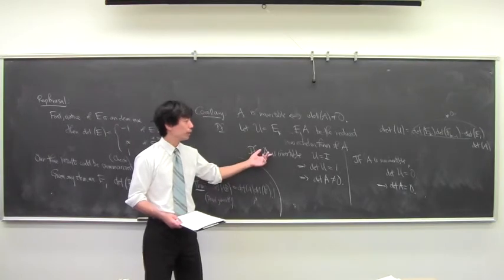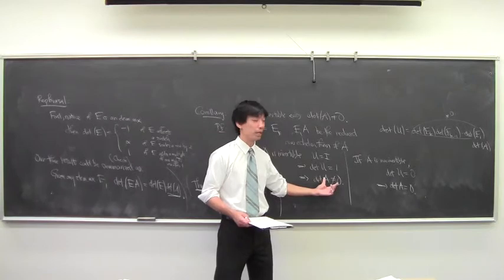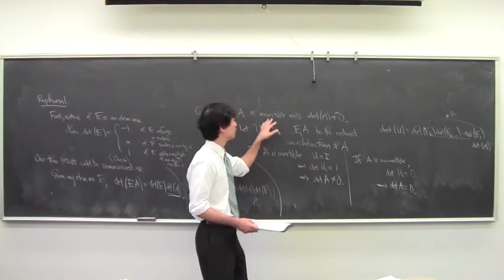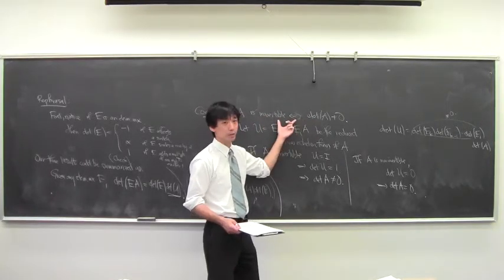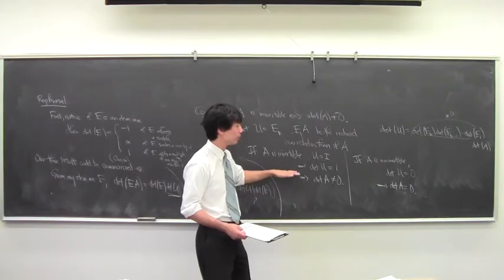Okay, so invertible makes the determinant non-zero. Non-invertible makes the determinant 0. In other words, invertibility is equivalent to the determinant being non-zero. So we've proven both directions.